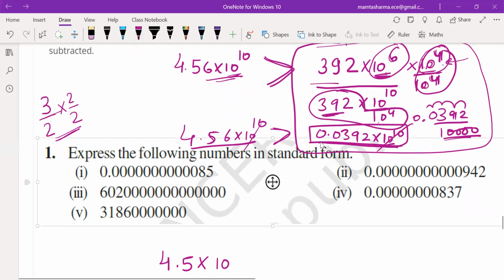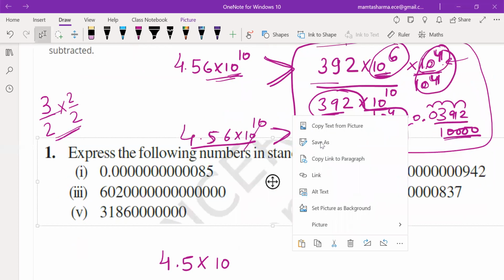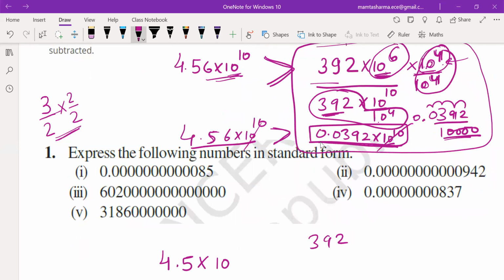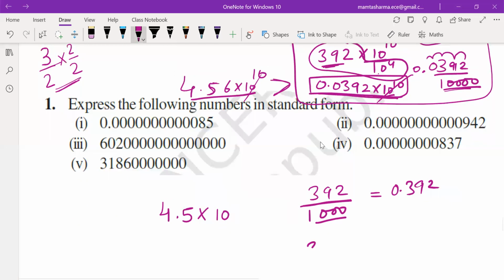And you already know this rule, how to convert any whole number into a decimal number when it is divided by a power of 10. If I divide this number by 1000, then it would be 0.392. If I divide the same number by 10,000, the result would be 0.0392.